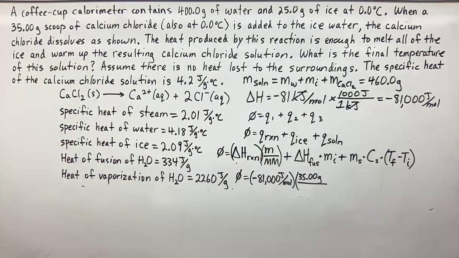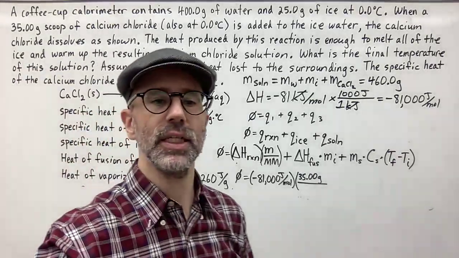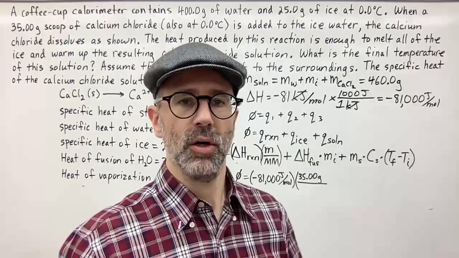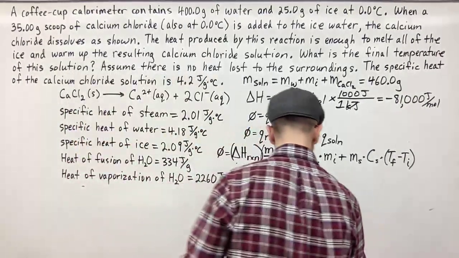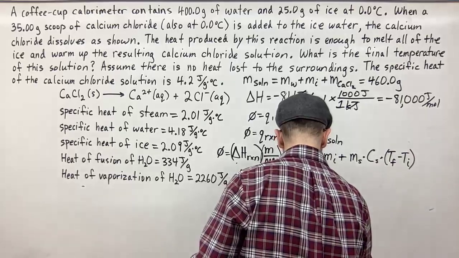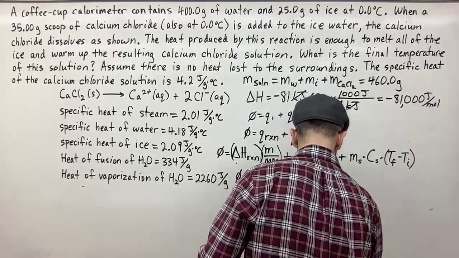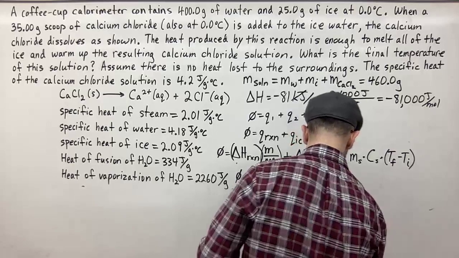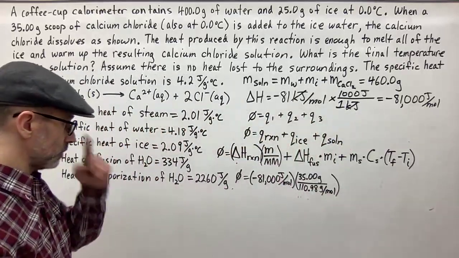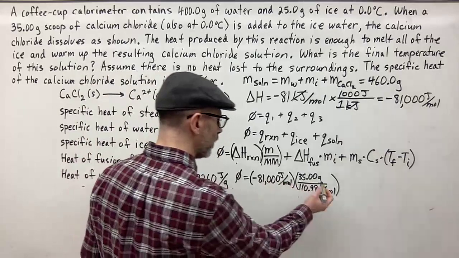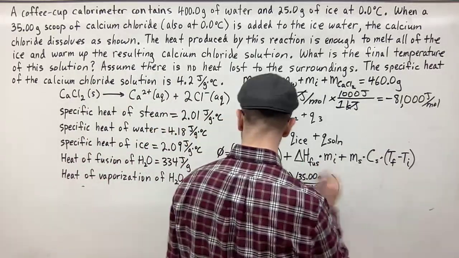If I look that up, the molar mass is going to be 110.98, so 110.98 grams per mole. And so we can see here that, well, I'll get to the units later.